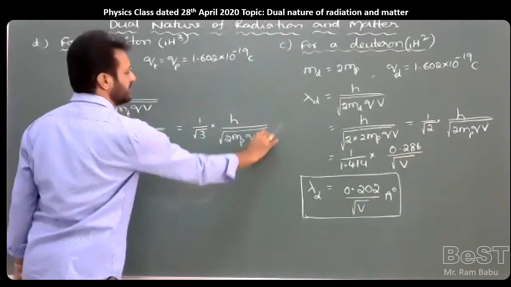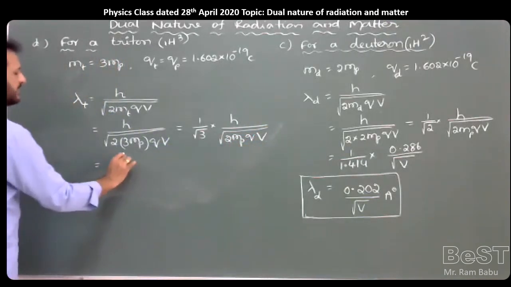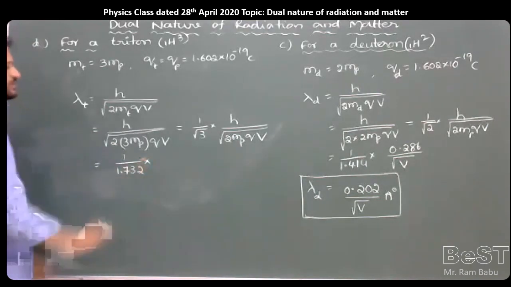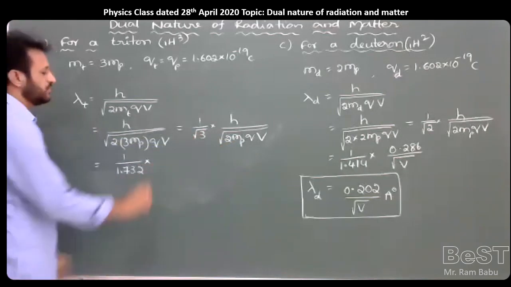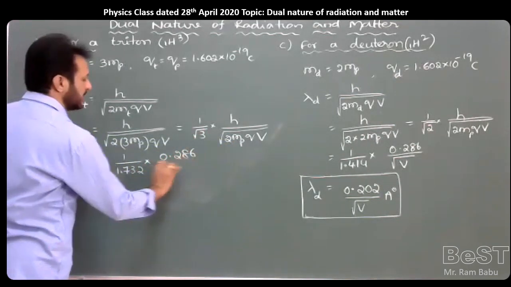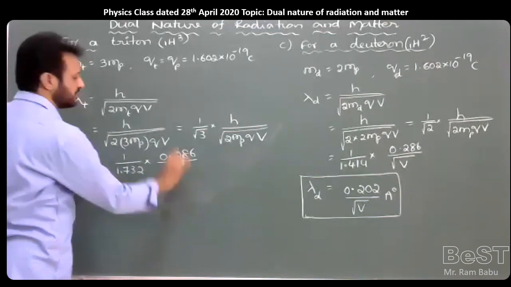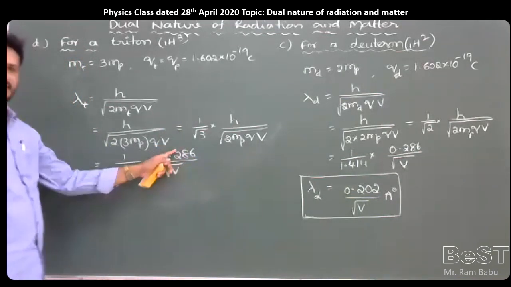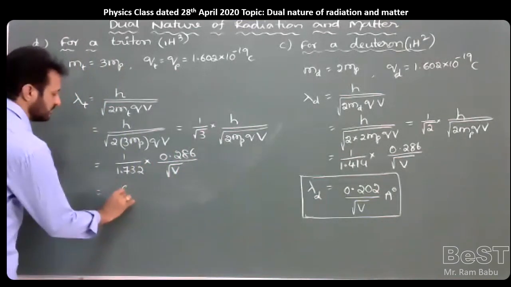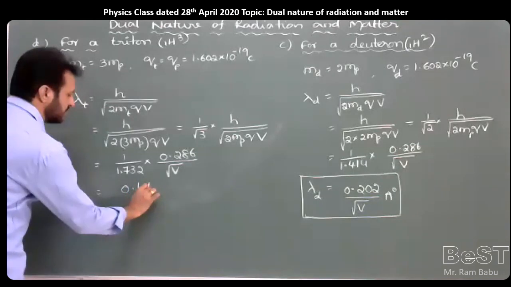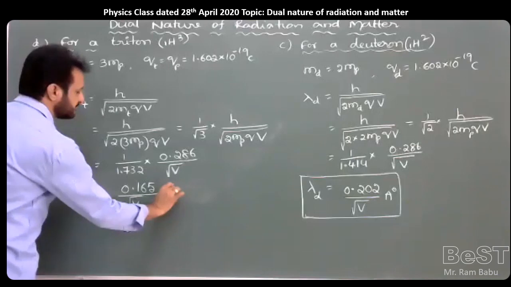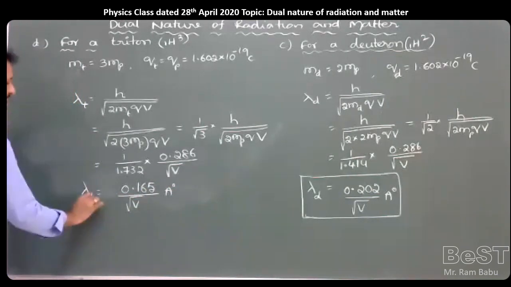But 1 by root 3 is 1.732, and this value we already obtained as 0.286 by root V. Now check this: 0.286 by 1.732 gives 0.165 by root V angstrom unit. It is the de Broglie wavelength of the triton.